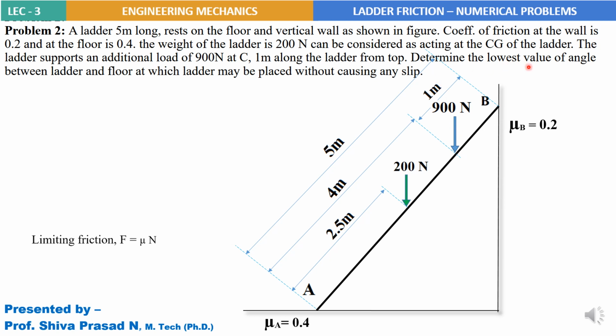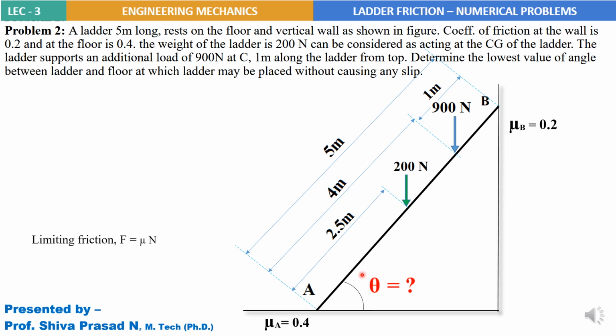So determine the lowest value of angle between ladder and floor at which the ladder may be placed without causing any slip. Okay, they have asked you to find the lowest angle between ladder and the floor. So that is angle theta you are required to find here. Lowest means as the point A moves away from the wall, theta works out to be minimum.